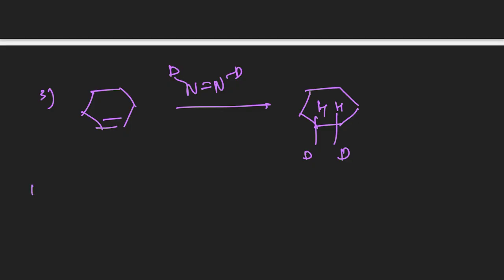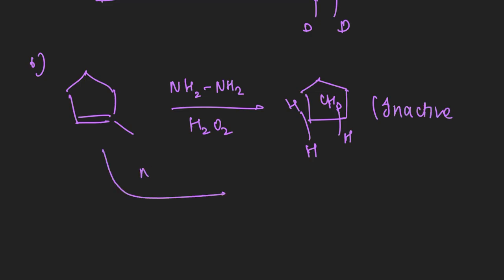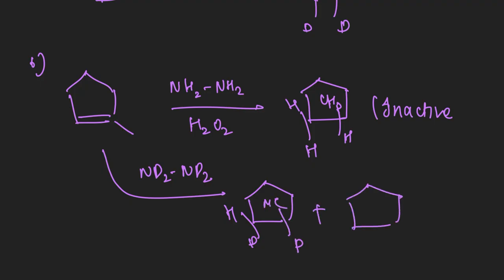Now the sixth problem, let's look at it, it is quite a good problem. We have NH2NH2, H2O2. It will form CH3, H and H, which is optically inactive. But when we react with ND2ND2, it will form HD, MeD plus DH and DMe.